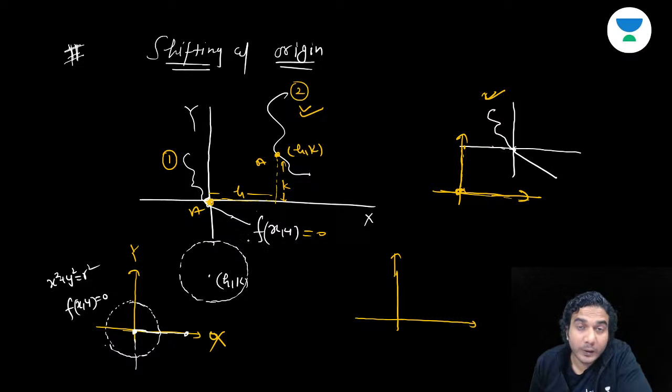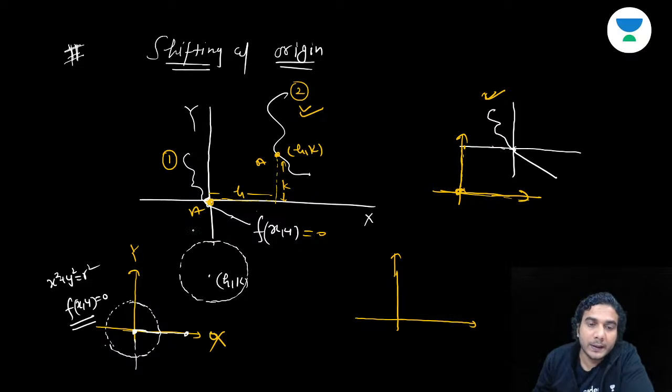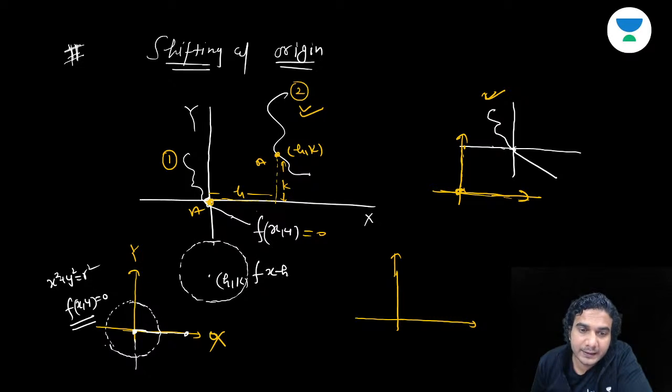Yeah. Okay, now see what change will happen in the equation of this circle. So the original equation was f of x comma y is equal to 0. Now in place of x in its equation, x will be replaced by x minus h and y will be replaced by y minus k. So that is the new equation: f of x minus h comma y minus k is equal to 0.